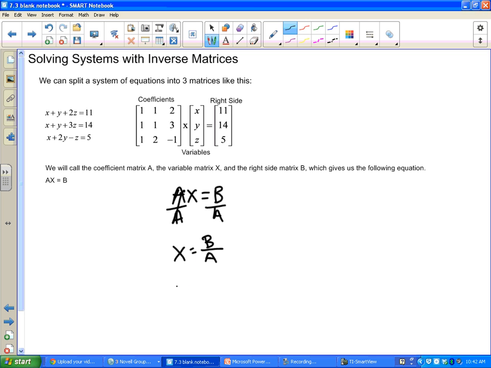So instead, then what we're going to do is we're going to say X equals A inverse times B. Okay, and we're going to use the calculator for this for the most part, because the matrices that we're finding the inverse of are going to be 3 by 3 or more, and so I use A inverse and I times that by matrix B. So let's do that. Let's set that up with this system of equations we've got. So you're going to go to your calculator.